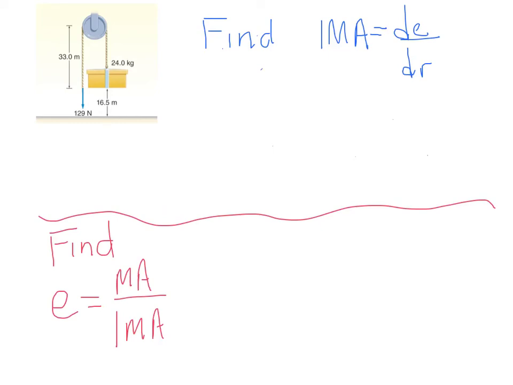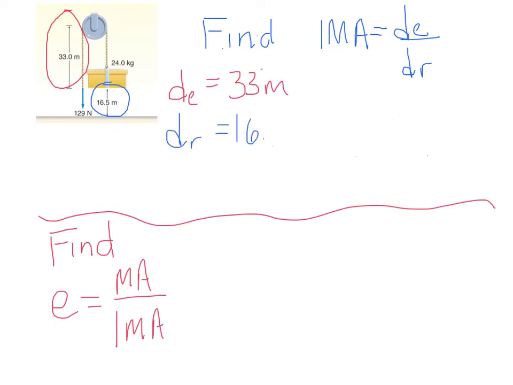Your ideal mechanical advantage is going to be your effort distance. Well, if you take a look at the diagram, this is how far you actually pulled the rope down. So your displacement for the effort you put in, 33 meters. And then the resistive, or how high up the crate got off the ground, is 16.5 meters.